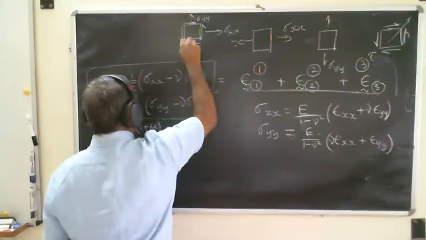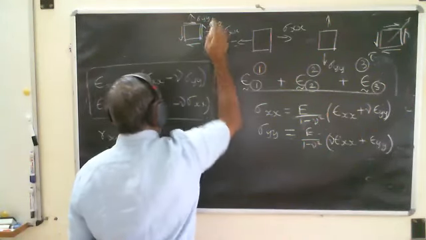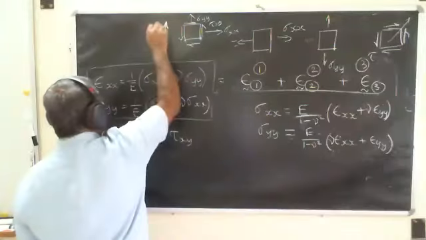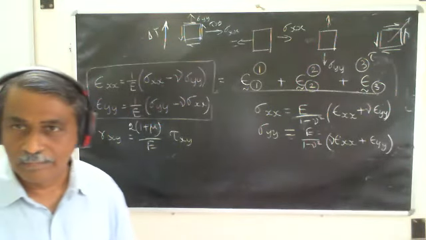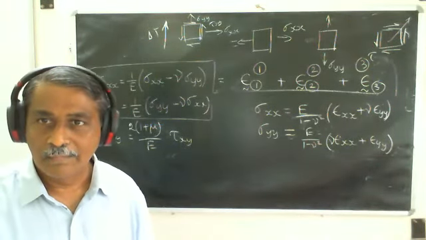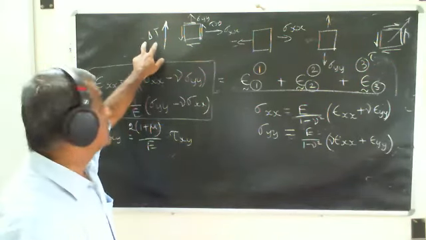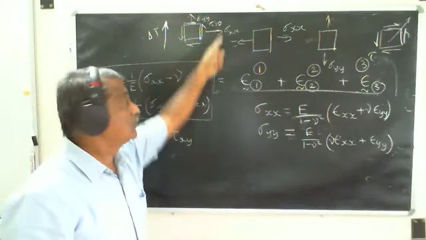A general scenario is present, but also there is an increase in temperature by delta T. Are you with me so far? There is an increase in temperature, and there is also the stress present.